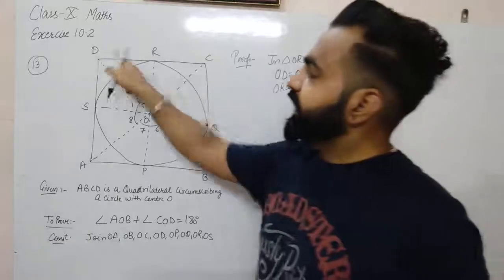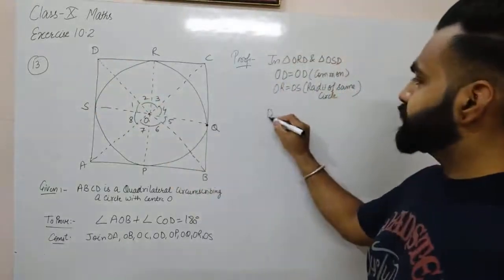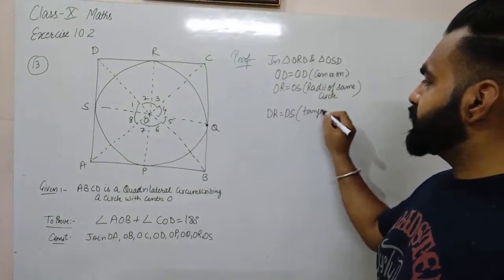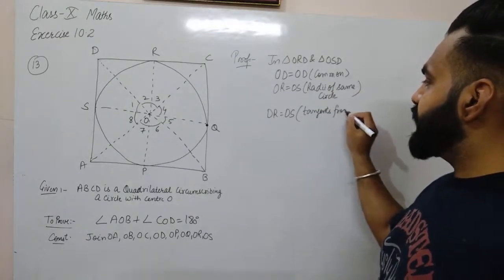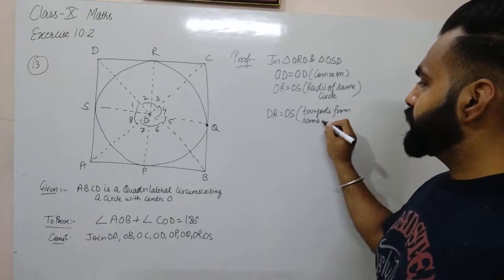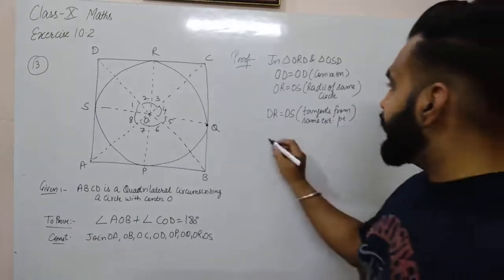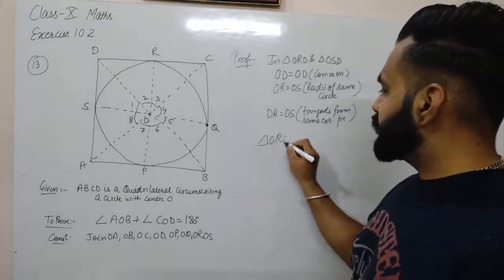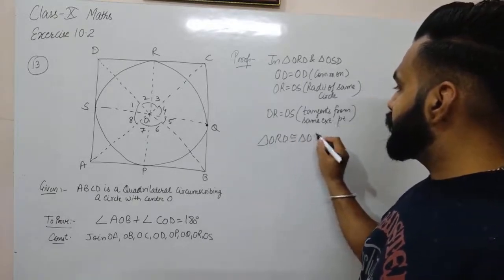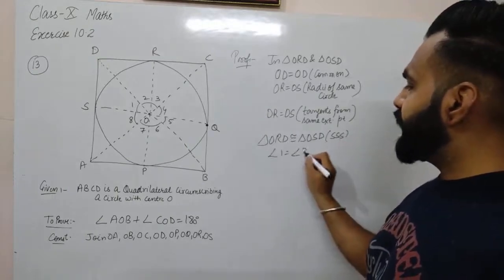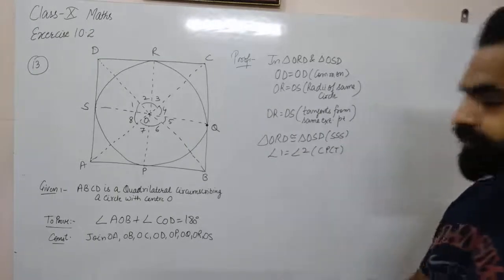And DR is equal to DS, tangents from the same external point. So by SSS the triangles will be congruent. So angle 1 will be equal to angle 2 by CPCT.